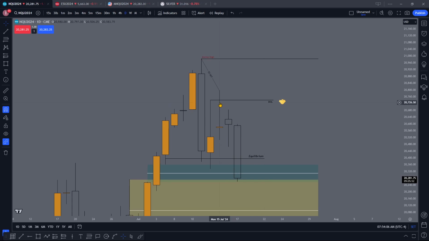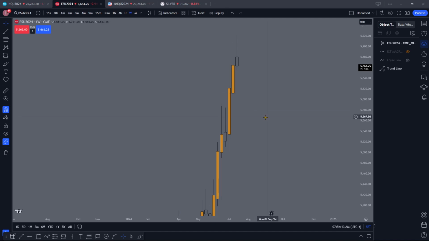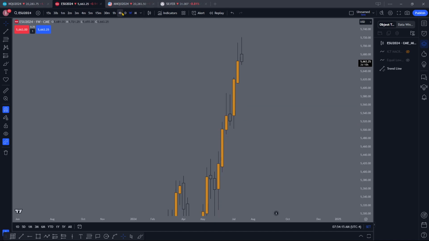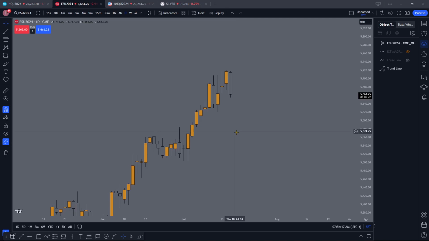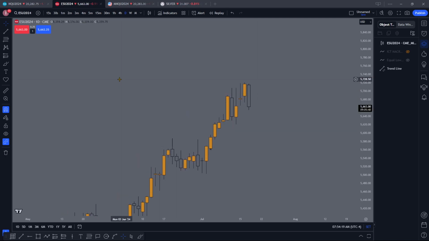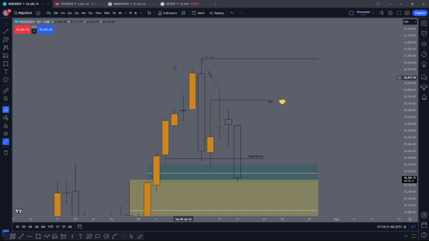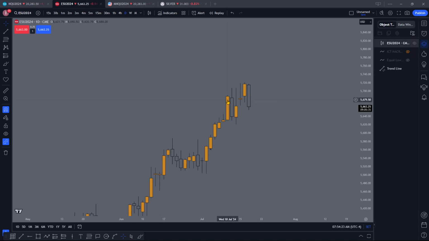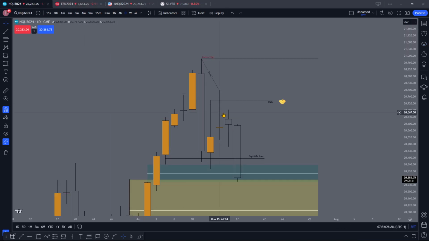Also, take note of how we have this SMT with the S here. As you can see on the daily time frame, the anchor high that was on Wednesday 10 was taken on Monday. That makes it a SMT.